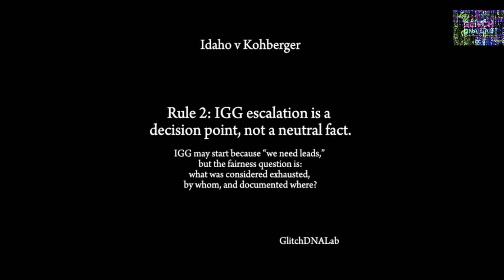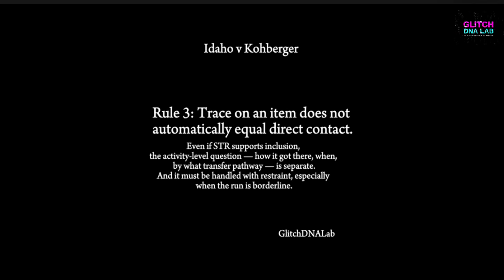Even if the STR supports inclusion, the activity level question, how it got there, when and by what transfer pathway, is separate. Here's the point, and it must be handled with restraint, especially when the run is borderline. Rule number 3. Trace on an item does not automatically equal direct contact.